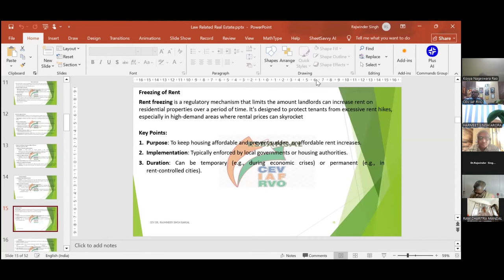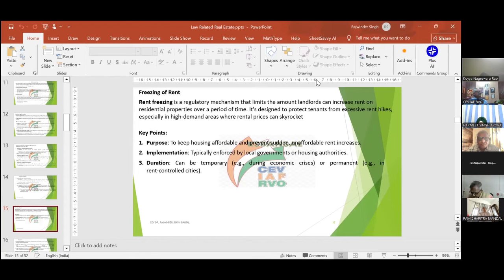The freezing of rent is a regulatory mechanism that limits the amount landlords can increase rent on residential properties over a period of time. It is designed to protect tenants from excessive rent hikes, especially in high demand areas where rental prices can skyrocket.